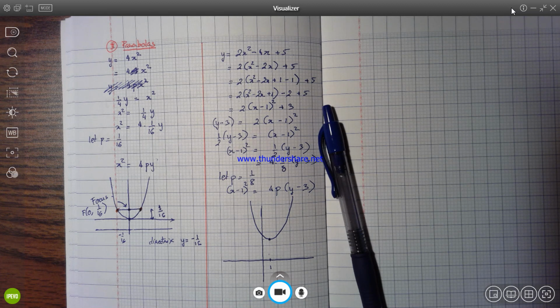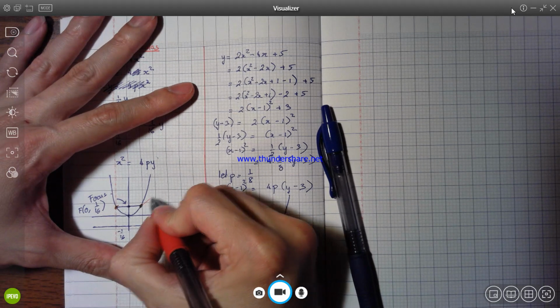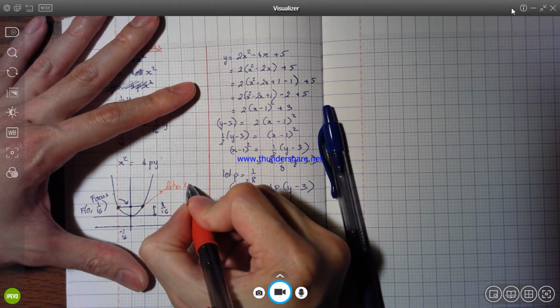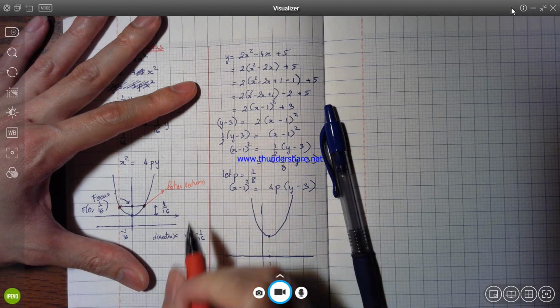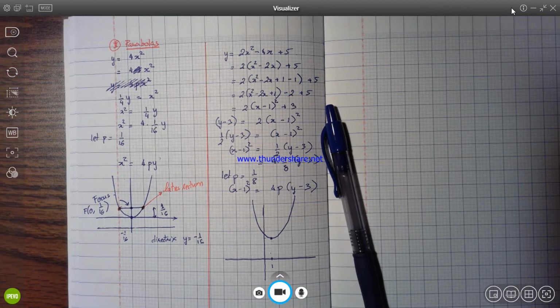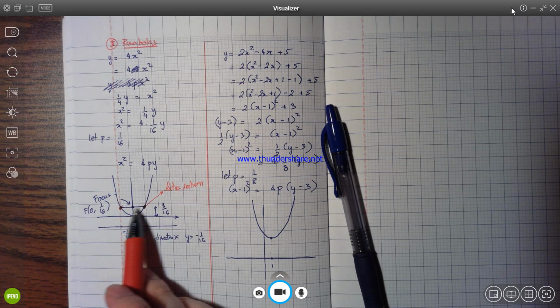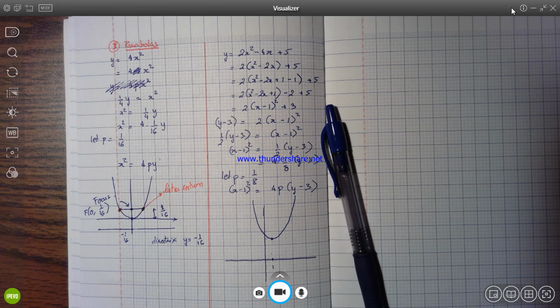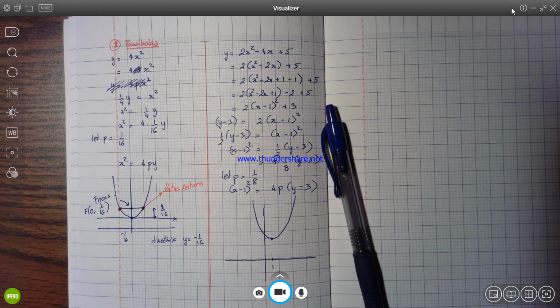We call that the latus rectum. So this is called the latus rectum. I don't know why they call it rectum, but that is the name. So these are the 2 endpoints of the latus rectum.